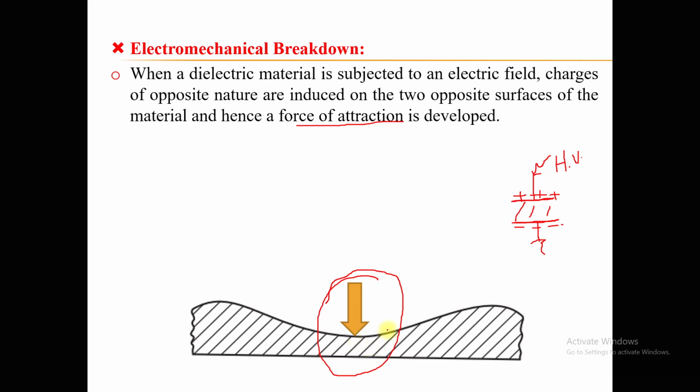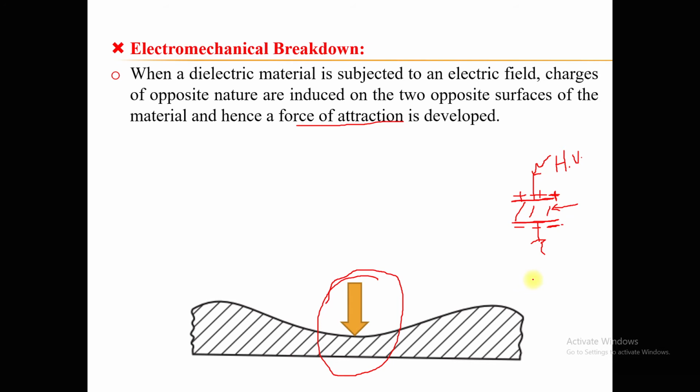Why the electrostatic compressive stress? Because there is a force of attraction, as positive charge is collected at one electrode and negative charge is collected at the other electrode. According to the law of Coulomb, there is a force of attraction, and this force will try to press this solid dielectric.